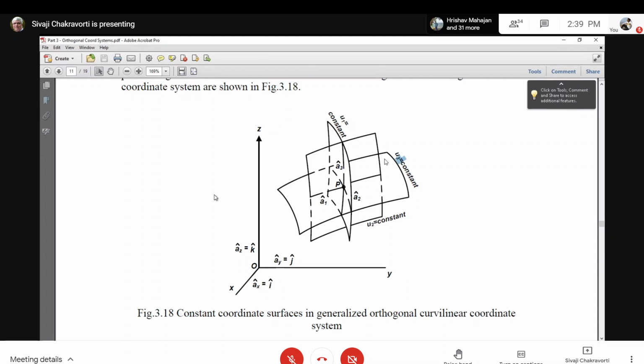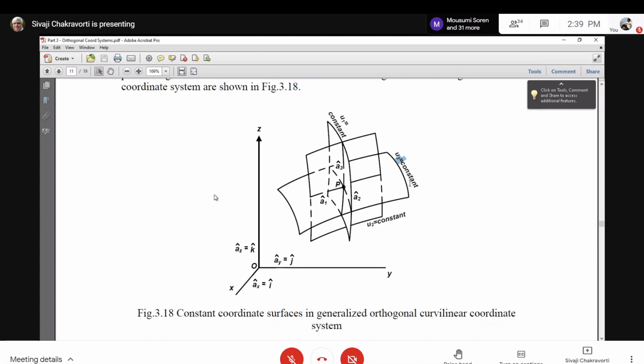The intersection of any two surfaces will give rise to a curved line, and therefore we will have three curved lines which are called the coordinate axes: the u1 axis, the u2 axis, and the u3 axis.